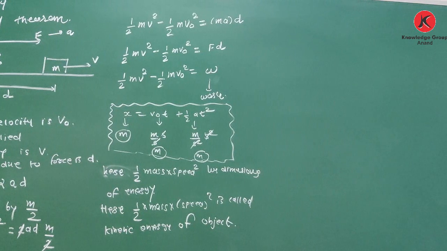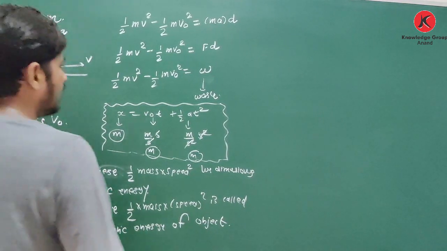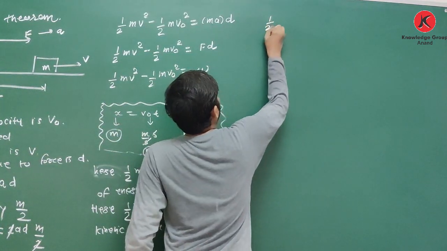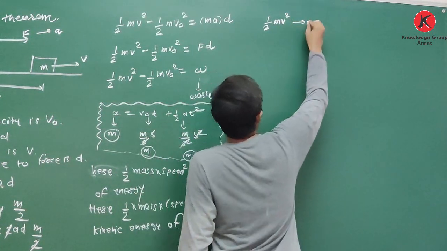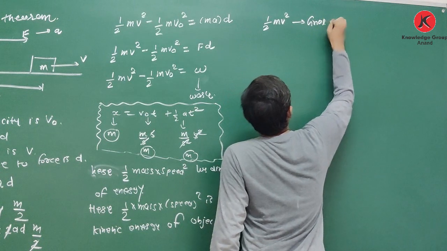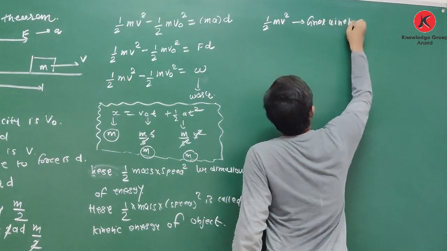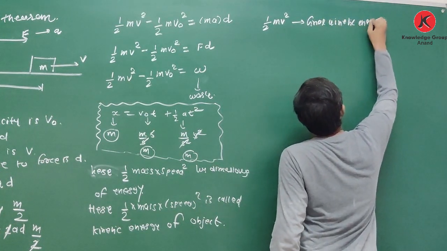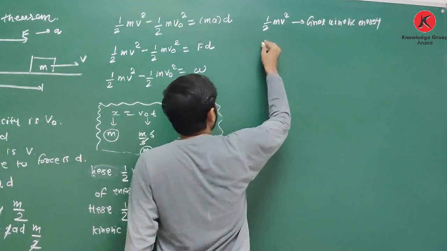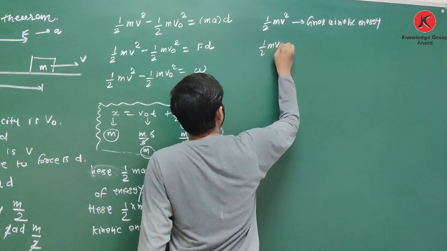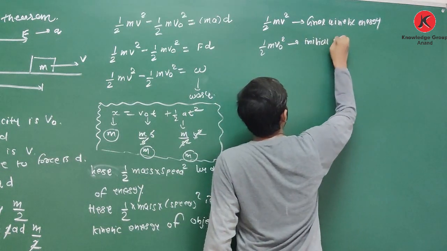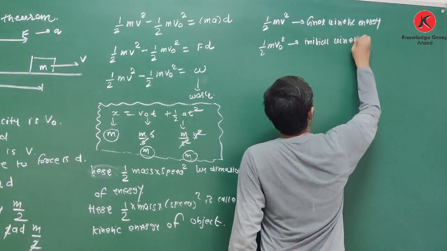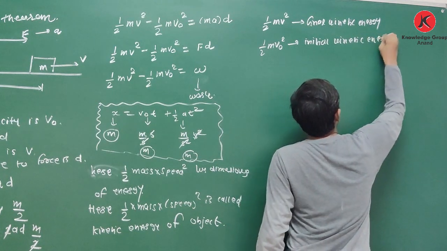Here it is half mv square. It is called final kinetic energy. And half mv0 square is called initial kinetic energy.